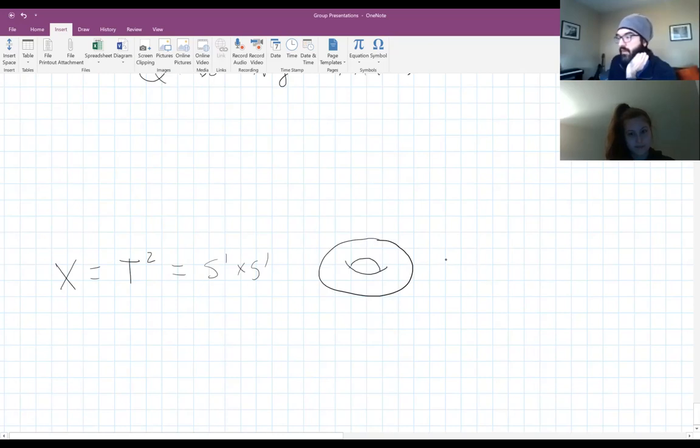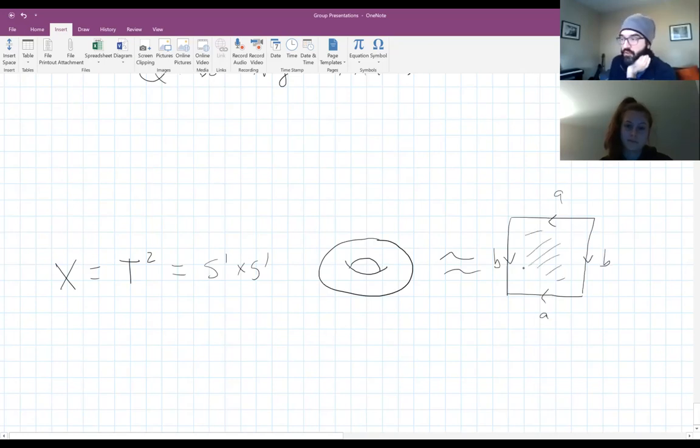And remember, this can also be written as this square, where these get identified and these get identified, and this is filled in. Imagine 2 loops on here.